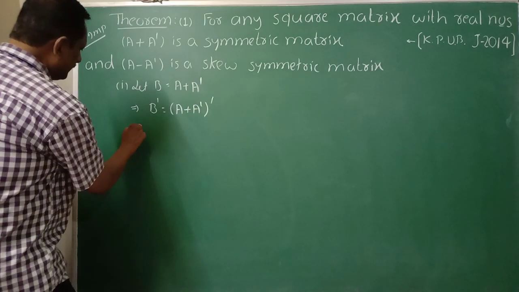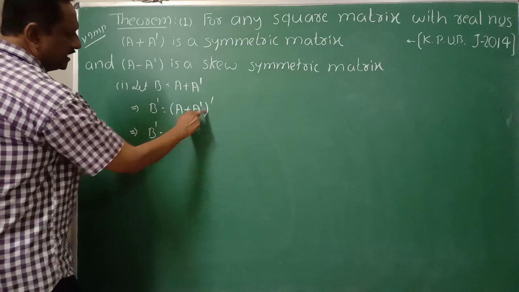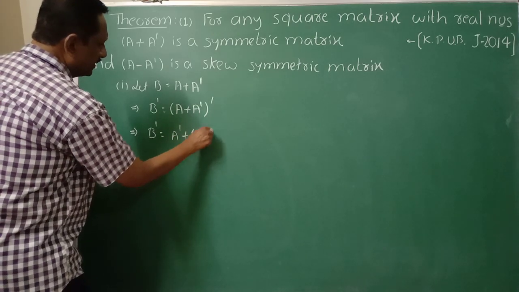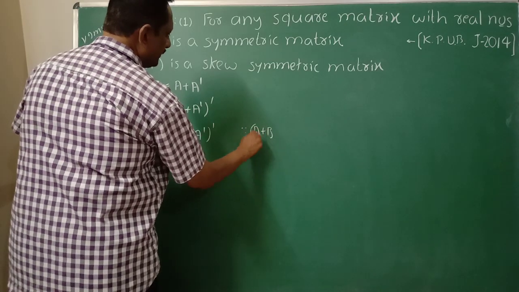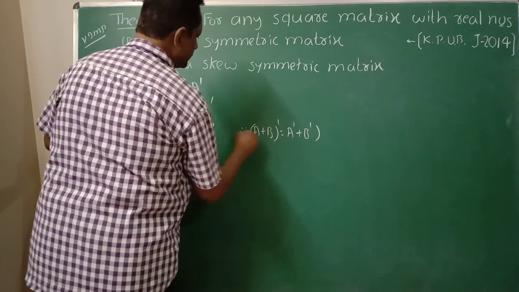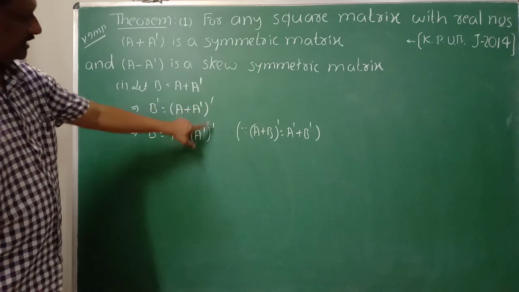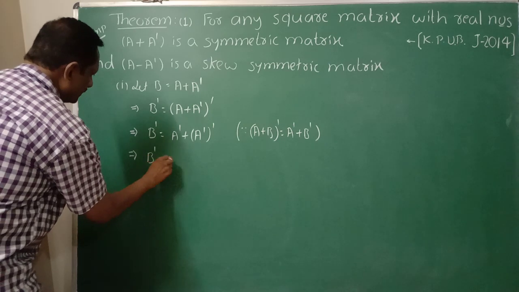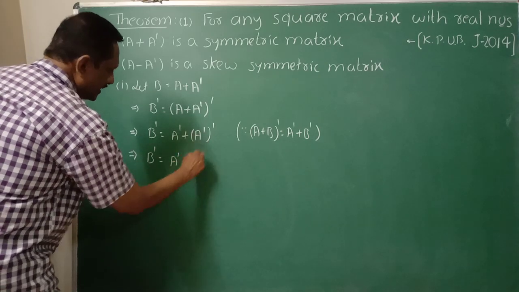Then this implies here B dash is equal to, here A plus A dash, O dash is A dash plus A dash of dash here, because you know from formula A plus B O dash is equal to A dash plus B dash here. You are using this result here. A dash plus A dash of dash here.